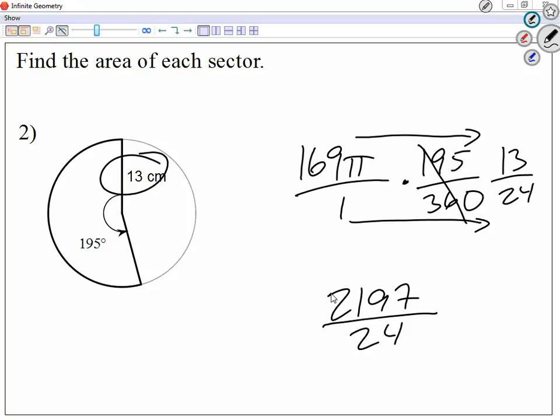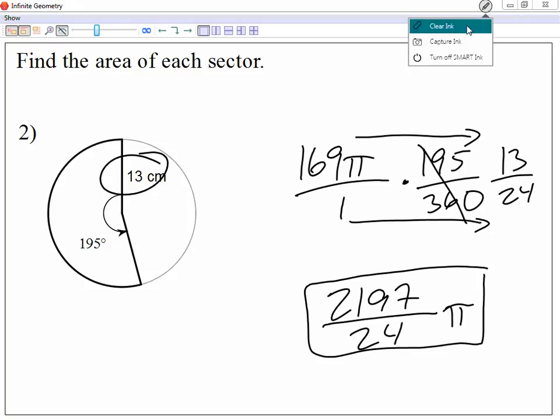All right, I multiplied my fraction. I couldn't simplify it anymore. And then don't forget your pi: 2197 over 24 pi. Good.